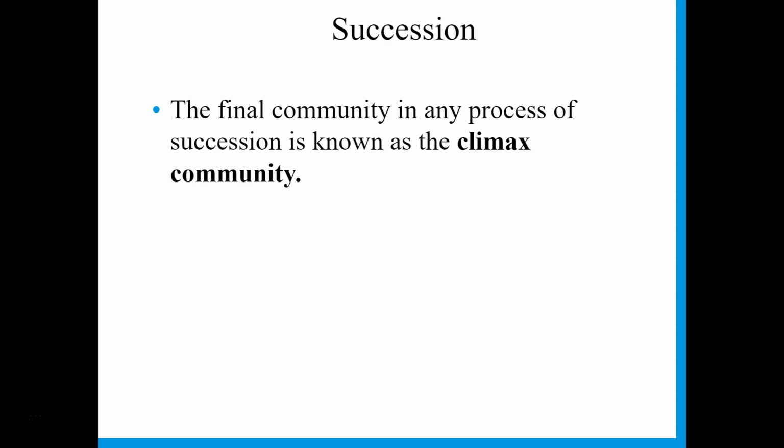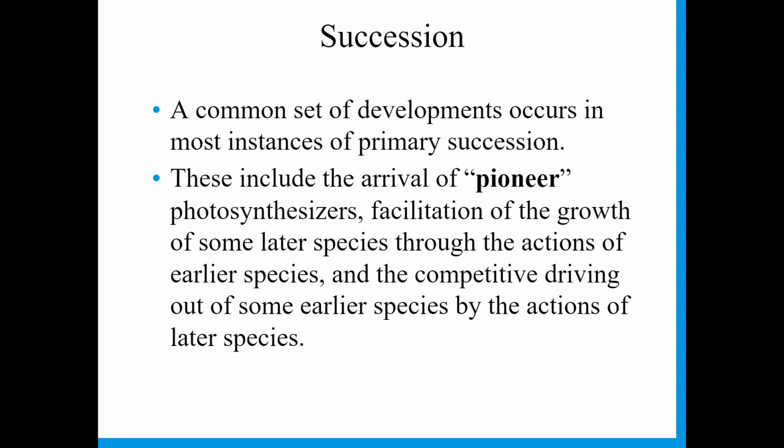So after succession has taken place, the final community is known as the climax community. A set of developments happen in primary succession, and these are the ones that I want you to know. Like I said earlier, you have those pioneer species, those photosynthesizers. Those photosynthesizers make it so that later species can come through and have a foothold in the region, and then ultimately those are going to competitively drive out some of the earlier species.